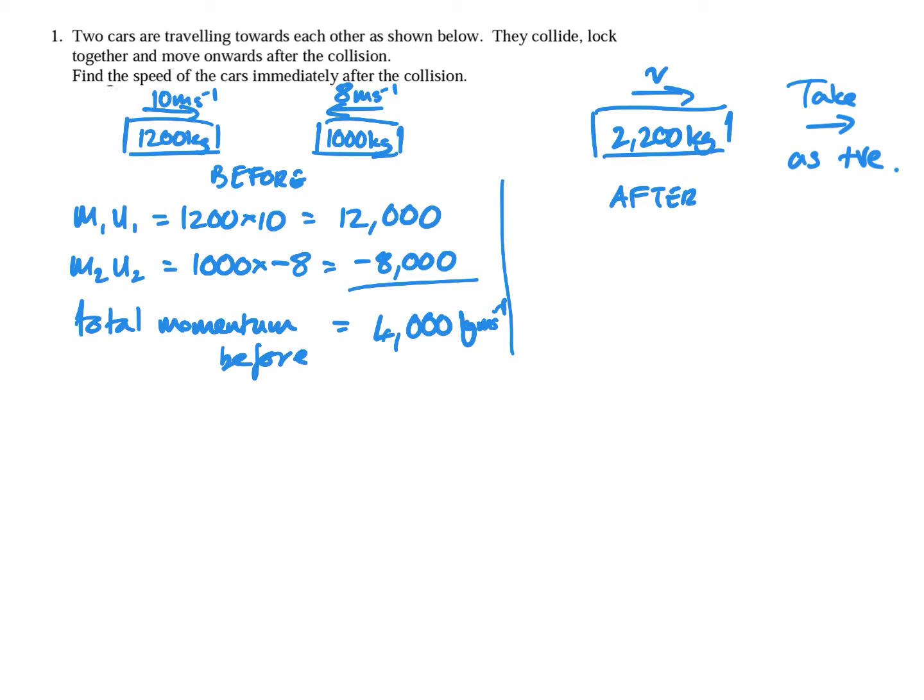And then afterwards, right, our m, which is our combined mass, times our v is 2200 times v.